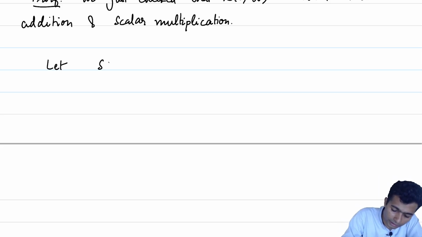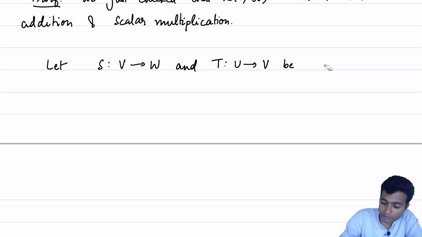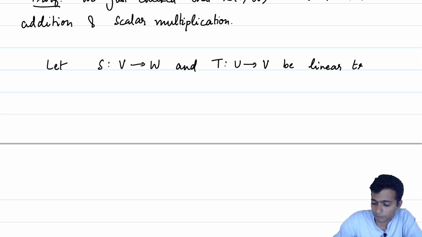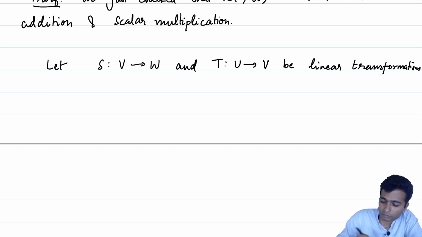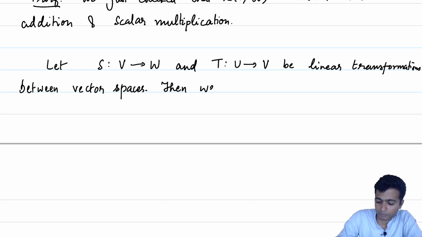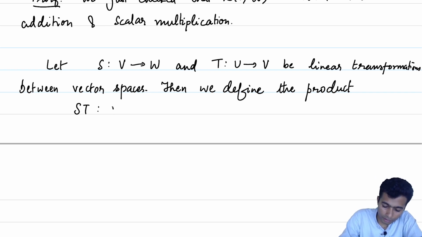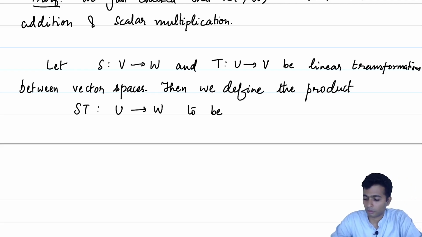So let S be a map from V to W and T be a map from U to V, linear transformations between vector spaces U, V and W. Then we define the product ST, which will now be from U to W, to be the usual composition.